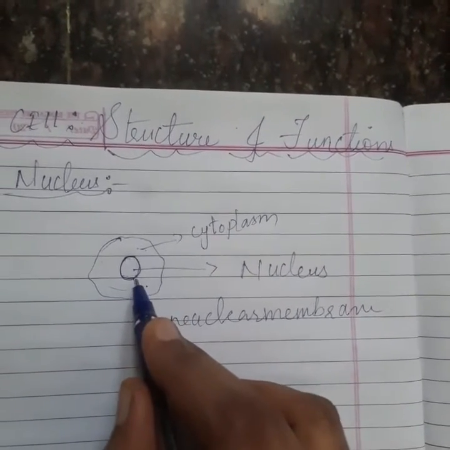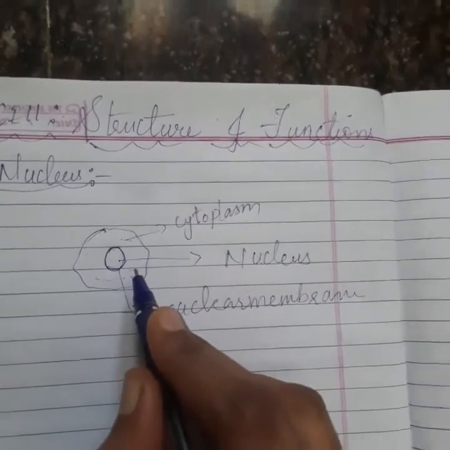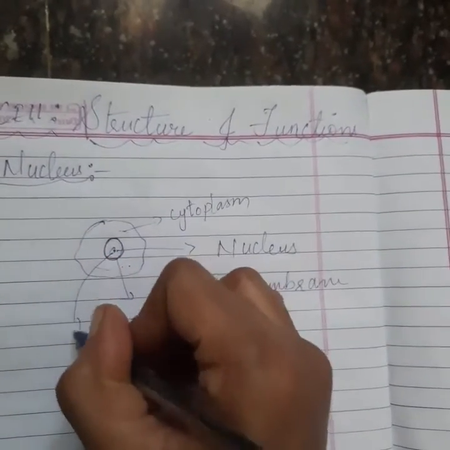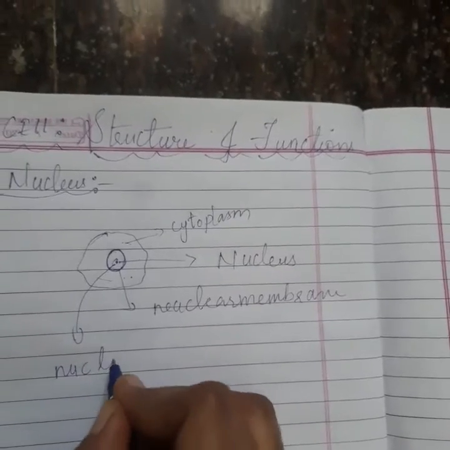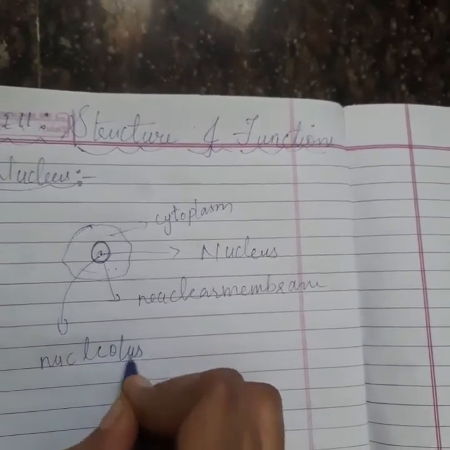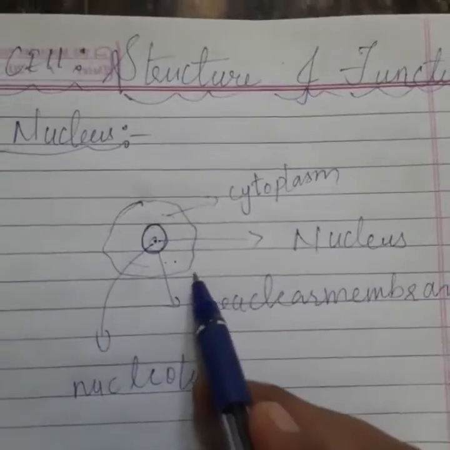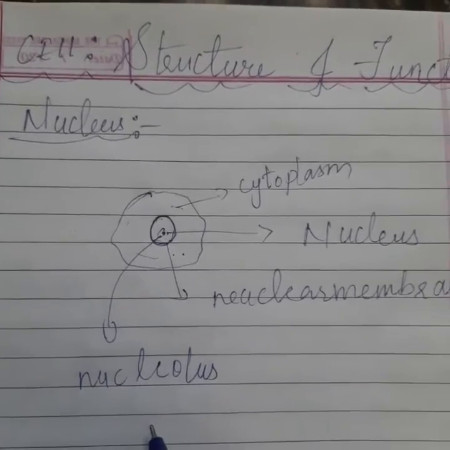That means inside this nucleus, again we can see the spherical body, which is known as nucleolus. One more spherical body inside the nucleus is present, which is known as nucleolus.